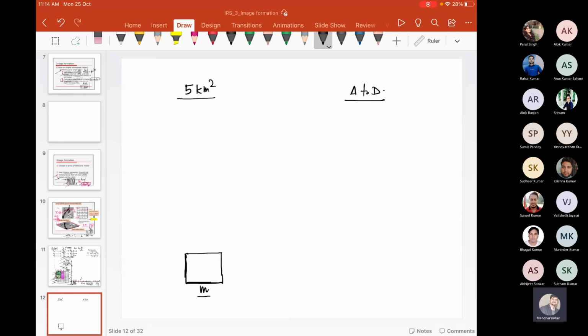So if we assume that the spatial resolution, that is the length of a side of a square shaped ground resolution cell, is 1 meter, how many ground resolution cells are present in that 5 kilometer square area?